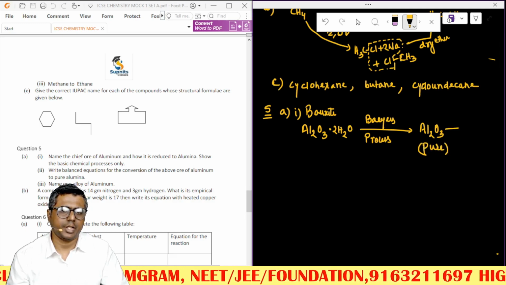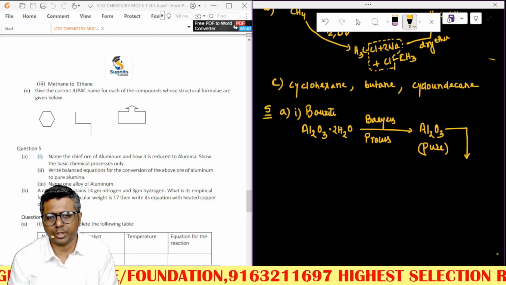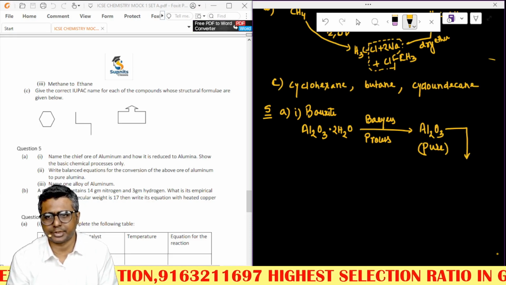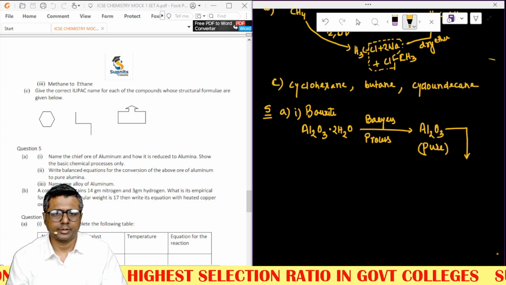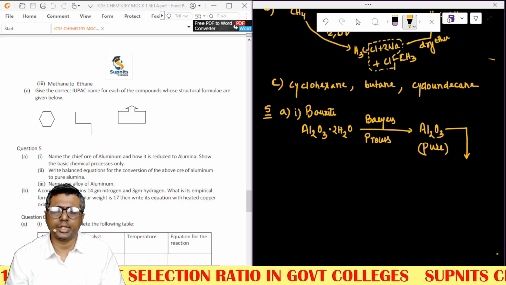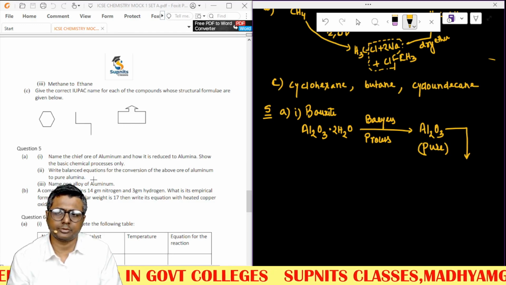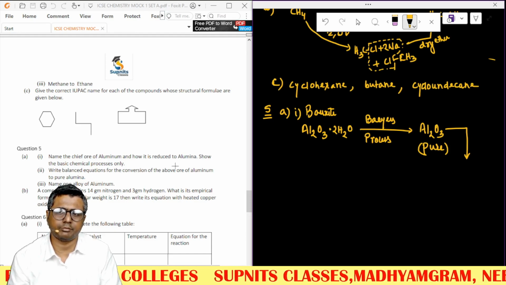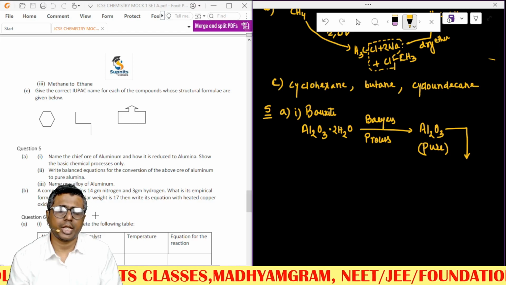Please do this at home if you have not been able to crack this in the examination. And in this first question, detailed reactions are not required, because in the second question it has been asked to give the balanced equations for conversion of the above ore to pure alumina.